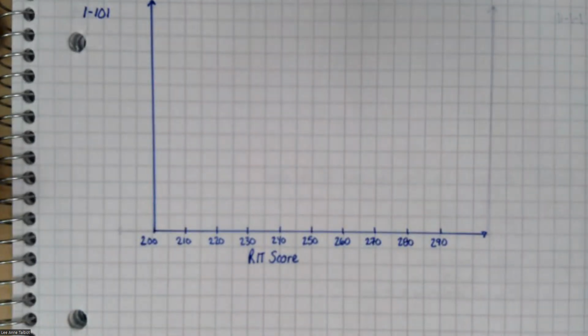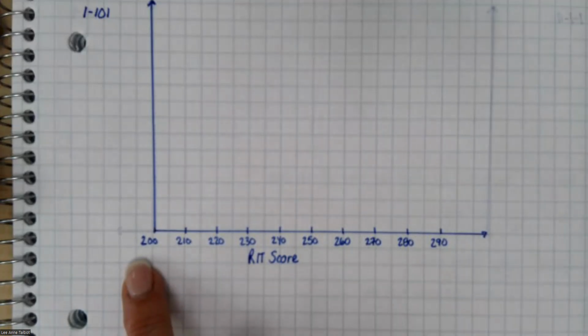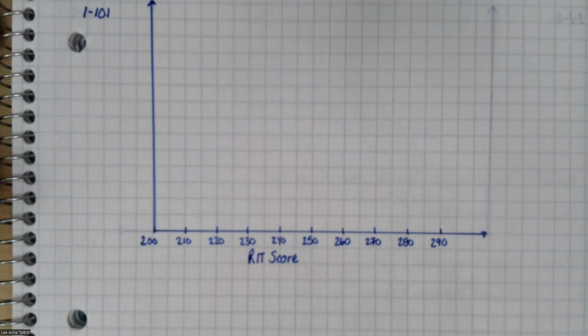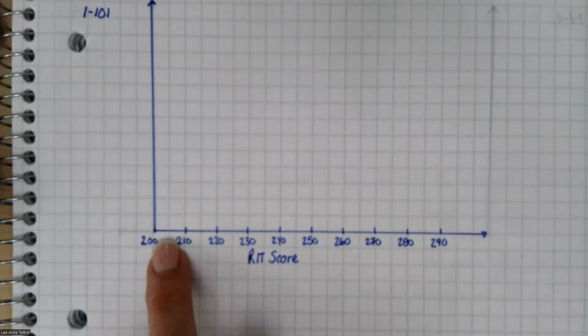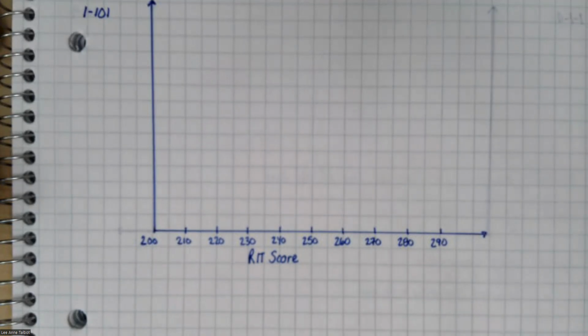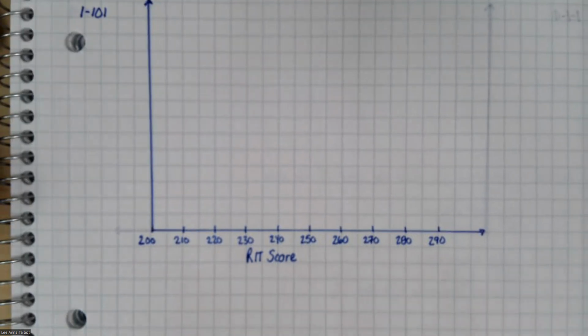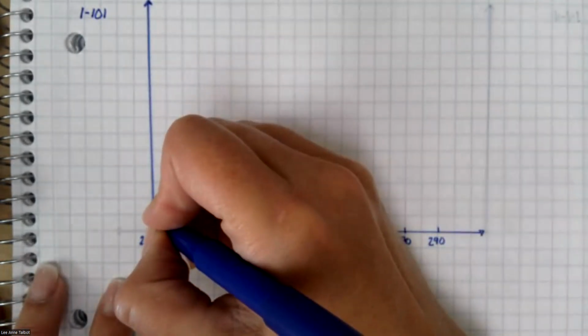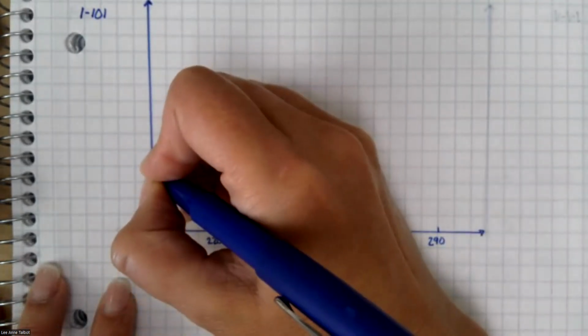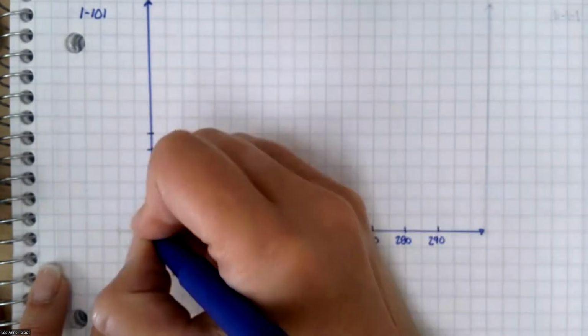Okay, does it make sense when I said start at 200 with a bin width of 10? Do the bins have to be 2 graph paper squares apart? No, I just wanted to do that so it looks pretty. Okay, and then my x-axis is going to be labeled with whatever the data is. The y-axis gets labeled with 1, 2, 3, 4. We're going to go up to 10.